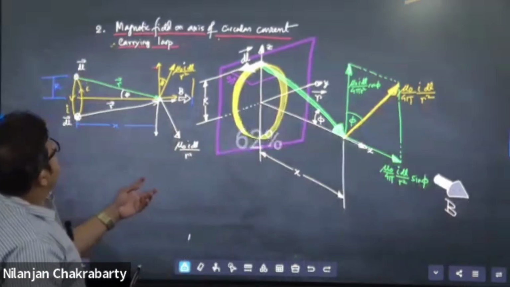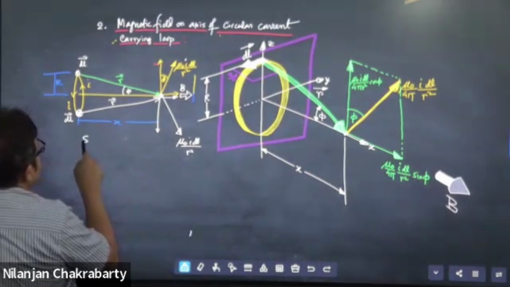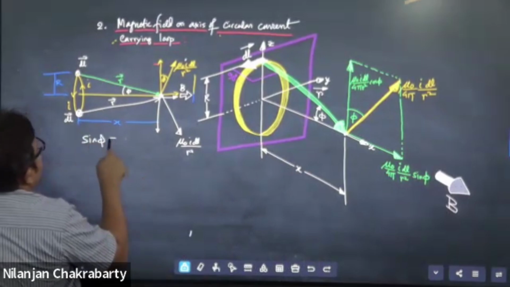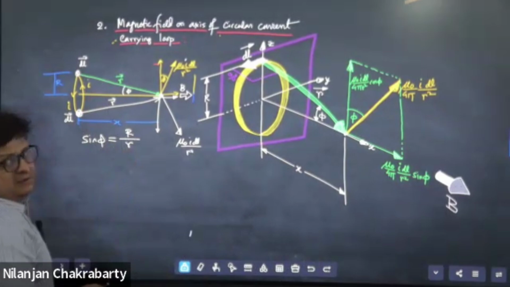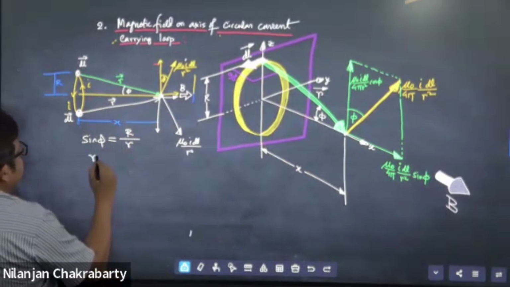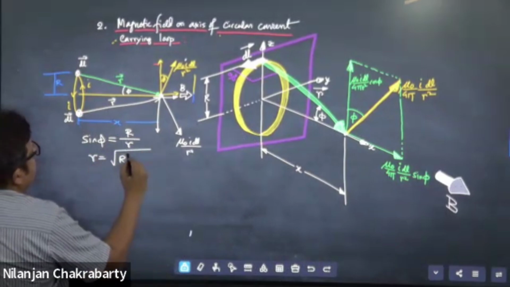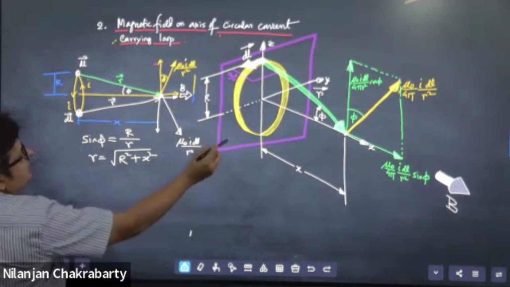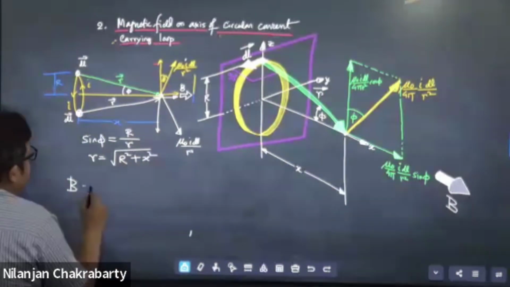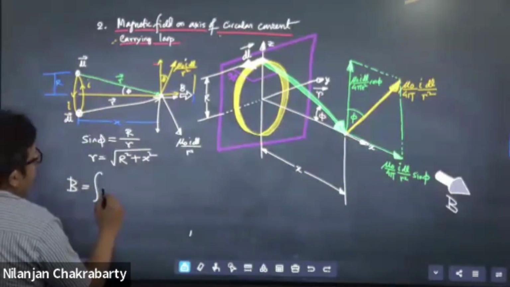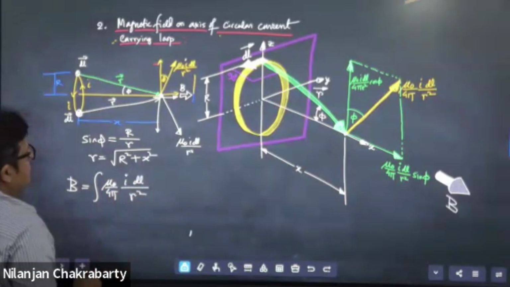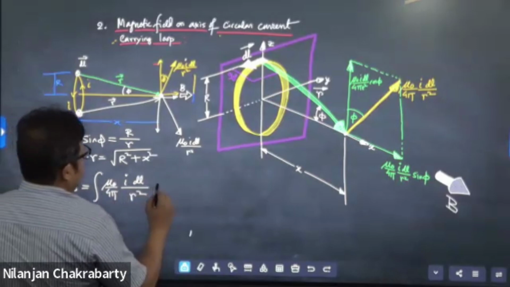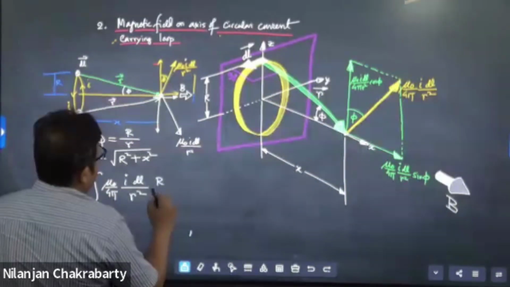Now what is sin phi? Sin phi is capital R by small r, and small r is root over of R square plus x square. Now B, the magnetic field, is the integration of mu 0 by 4 pi I dl by r square into sin phi, that is R by r.